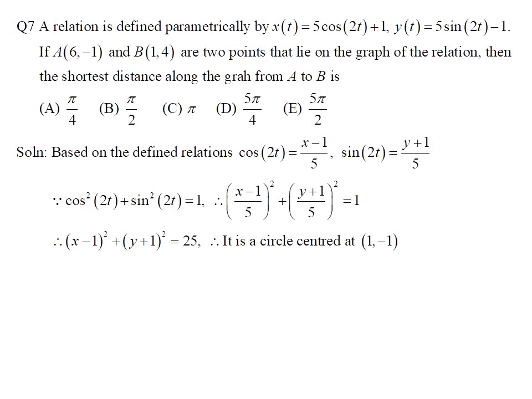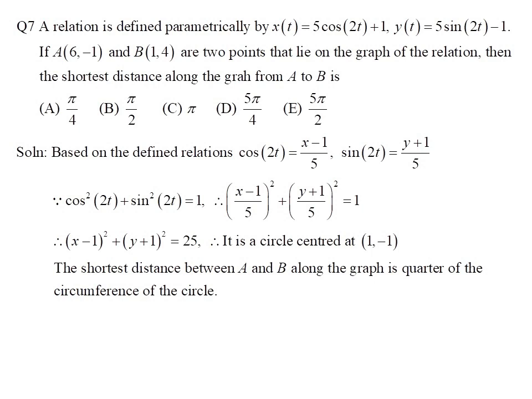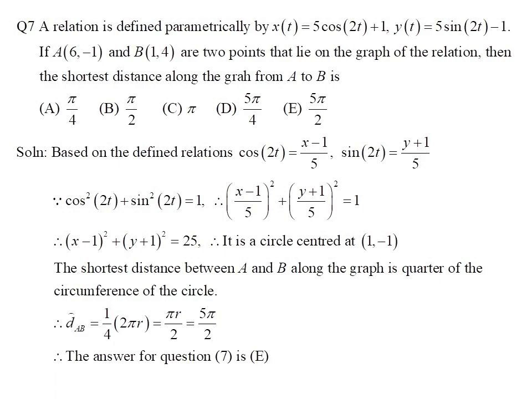Hence the relation is a circle centered at 1, -1. According to the coordinates of the points A and B, the shortest distance between them along the graph is a quarter of the circumference of the circle. It equals 1 over 4 times 2 pi r, which equals 5 pi over 2. So the answer for question 7 is E.